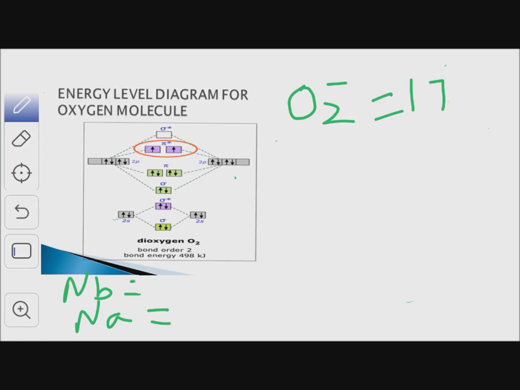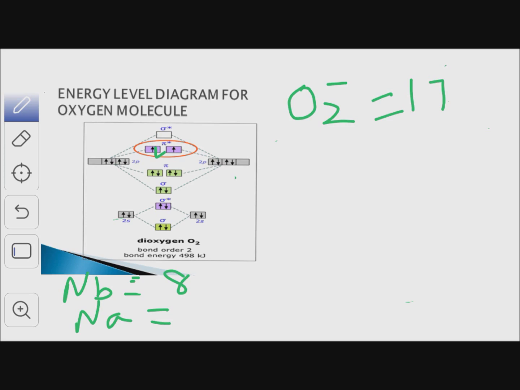It means the 17th electron goes into the pi star 2px orbital, so its configuration becomes pi star 2px2. The number of bonding electrons remains the same as in oxygen, that is 8, but there is one electron increase in the anti-bonding orbitals.